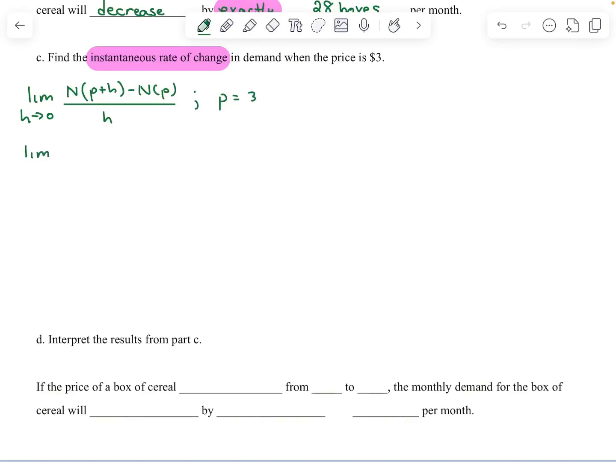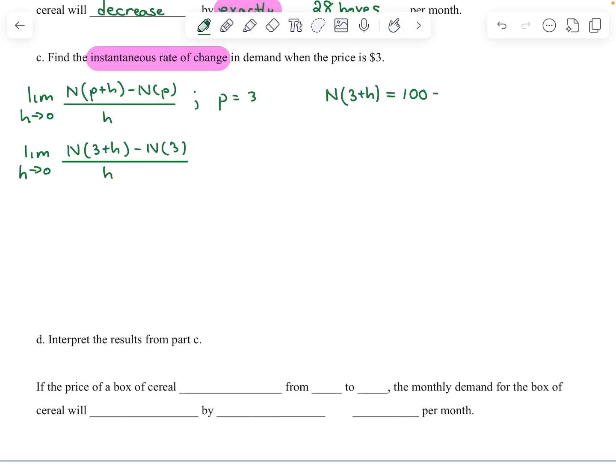So we have the limit as h approaches 0 of n of 3 plus h minus n of 3, all divided by h. Over here to the right, I will evaluate n of 3 plus h, and this means wherever you see a p in the function, you're going to substitute 3 plus h.